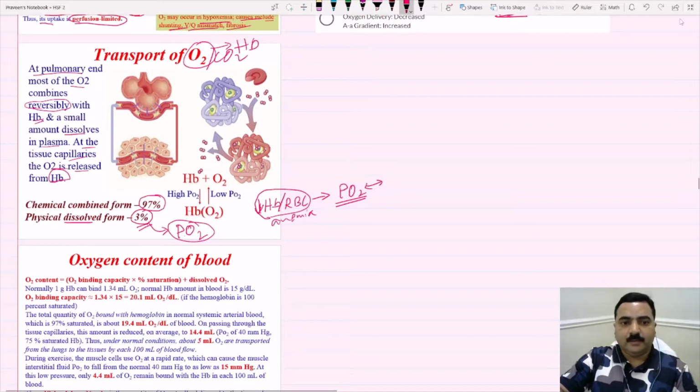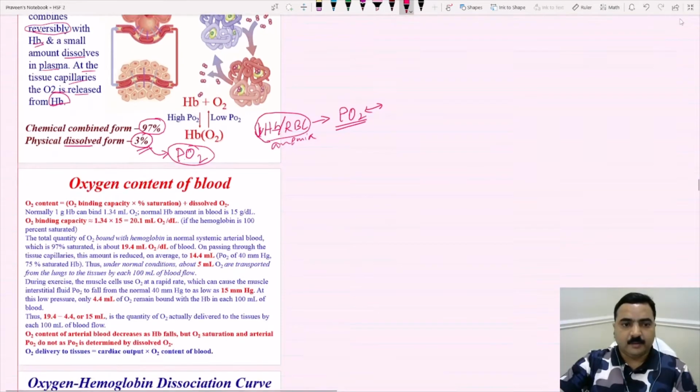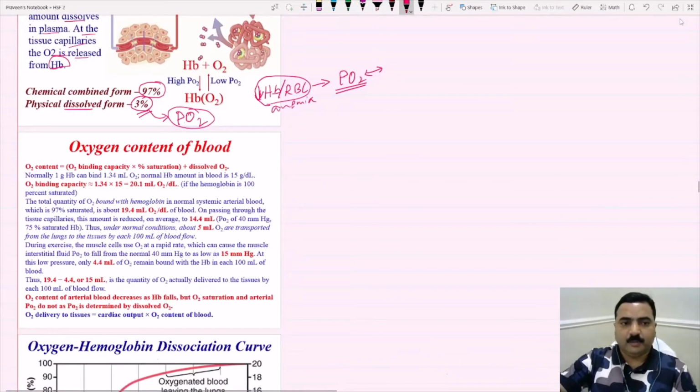So let's see what are the factors that control the oxygen transport and how the hemoglobin oxygen dissociation curve behaves. First, before going to the curve, let's discuss the oxygen content of the blood. The oxygen content is not the saturation or the percentage; it is the amount of oxygen in 100 ml.